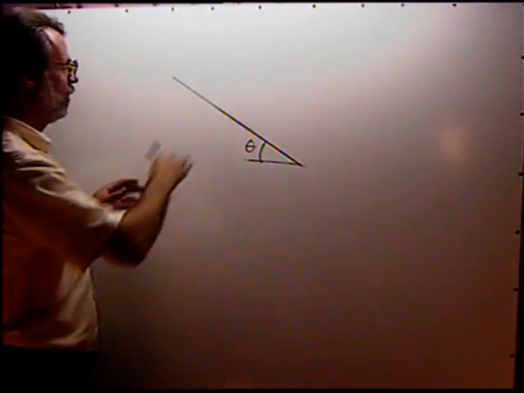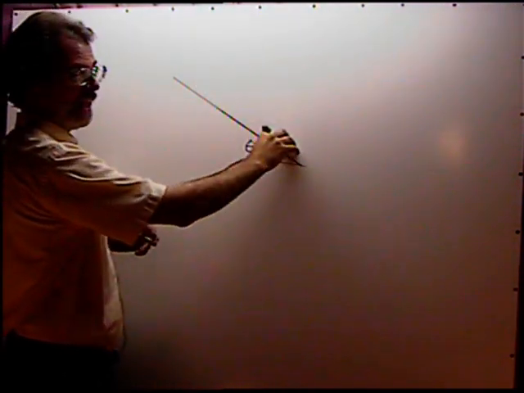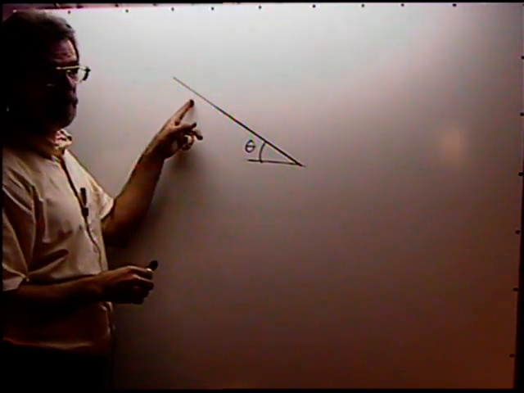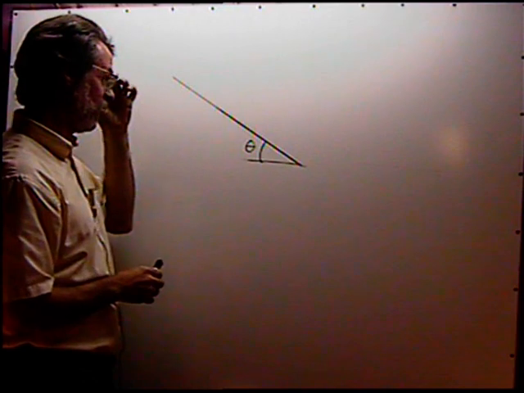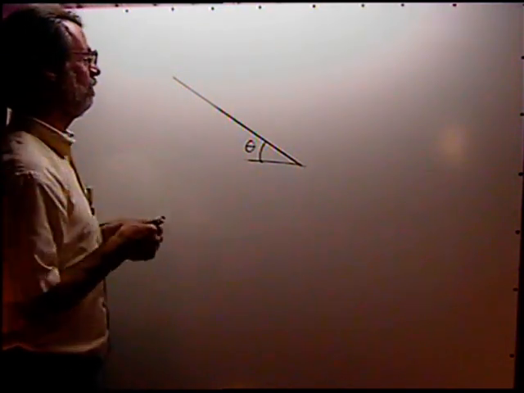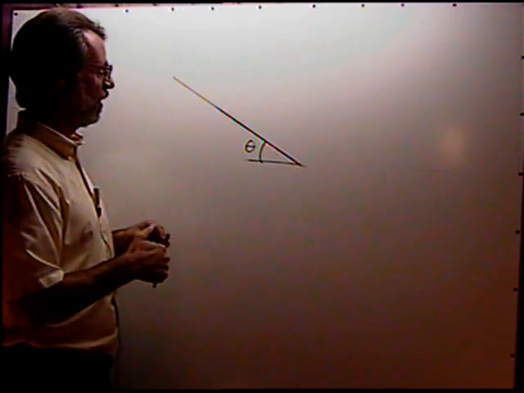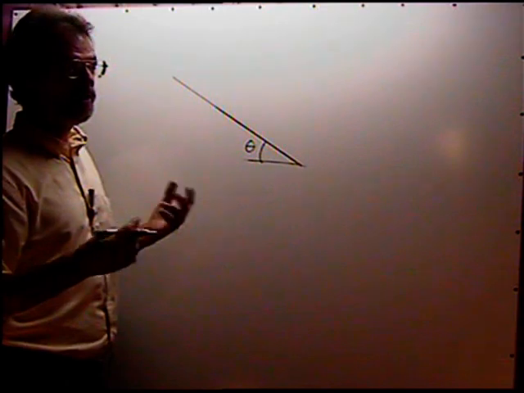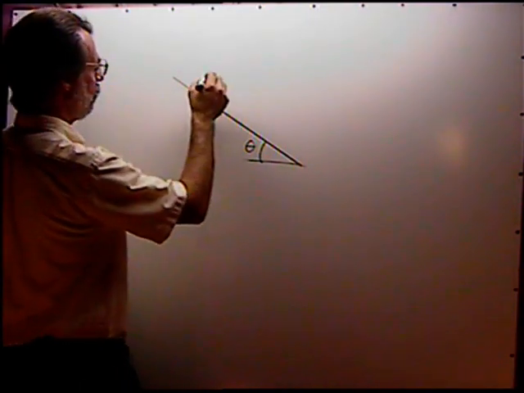And we put a block on here, and we allow it to slide down. Now there may be friction, and there may not be friction. So we want to solve both cases. Let's suppose for right now that there is no friction.